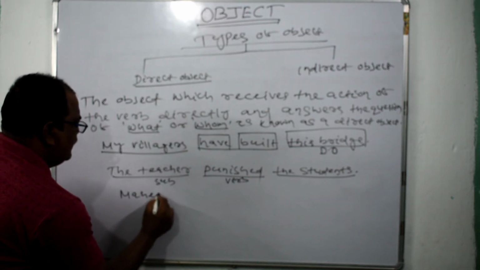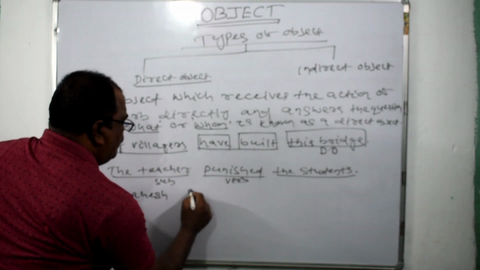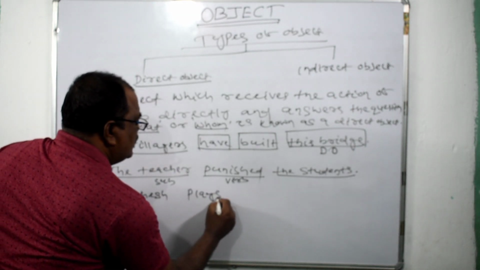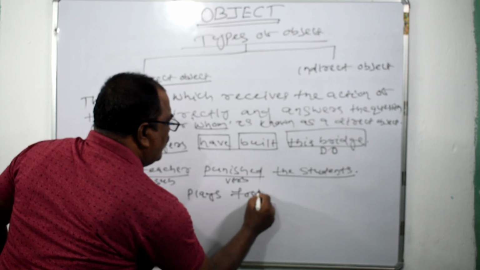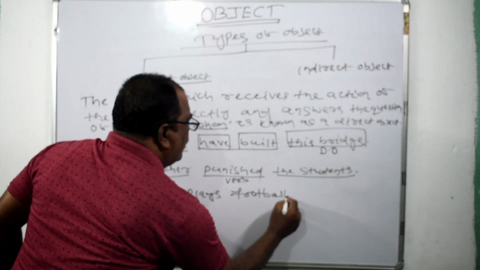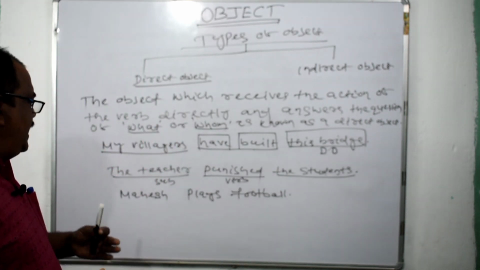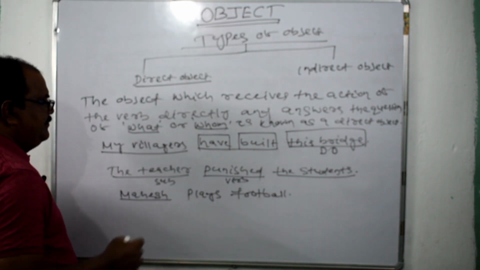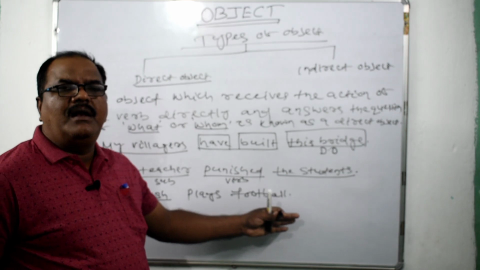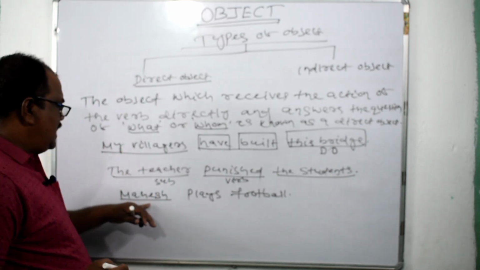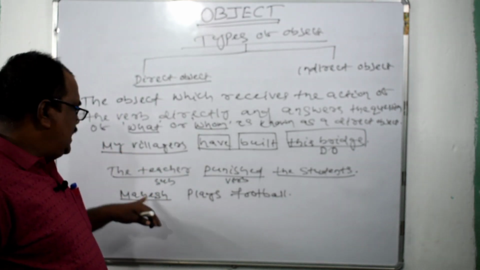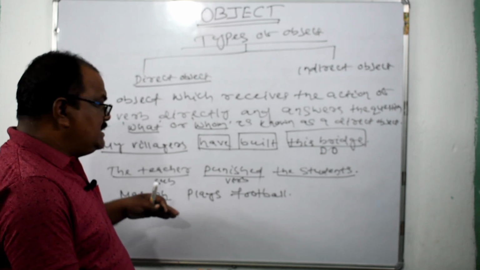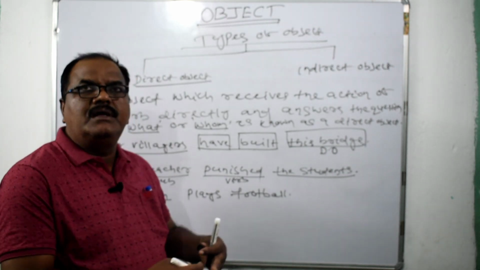Mahesh plays football. In this sentence, Mahesh is the subject. Who plays football? The part of the sentence answers the question of who. And this part executes the action.